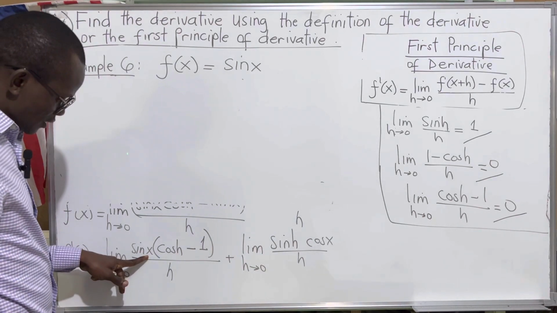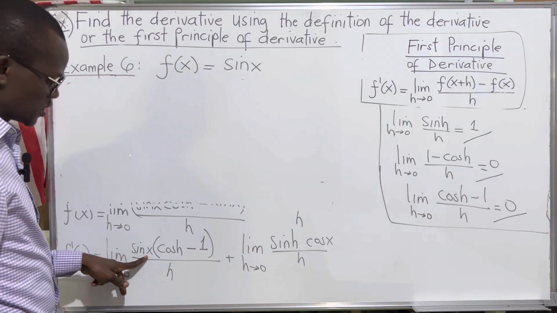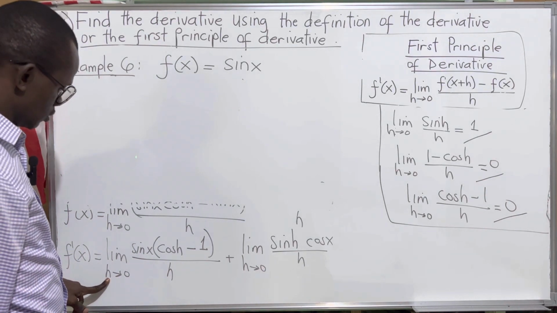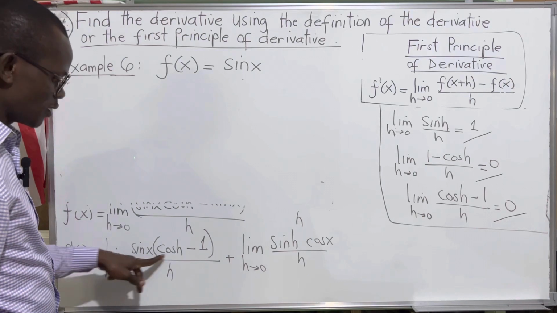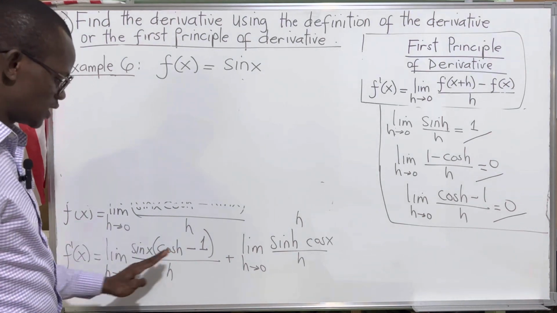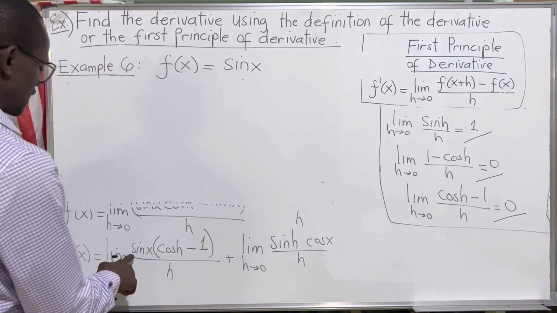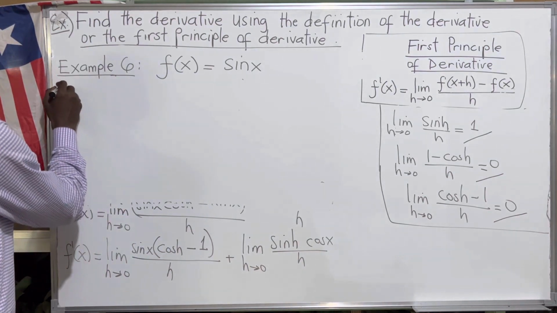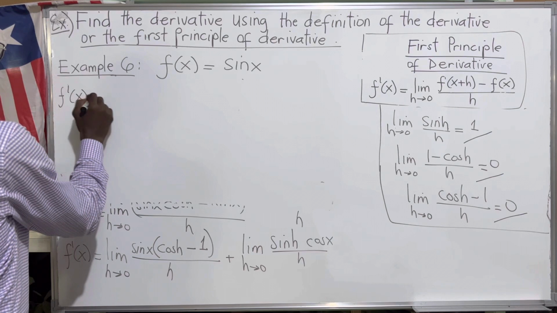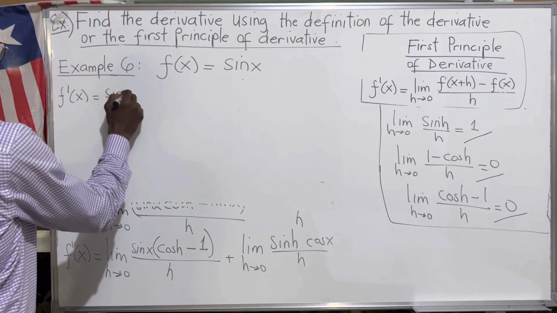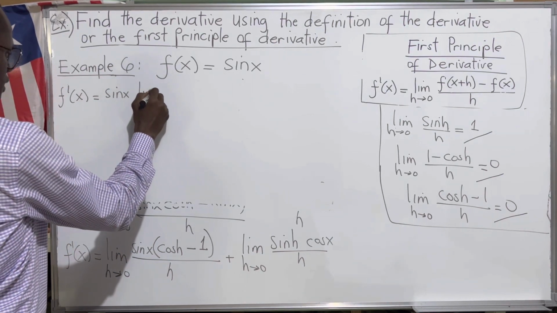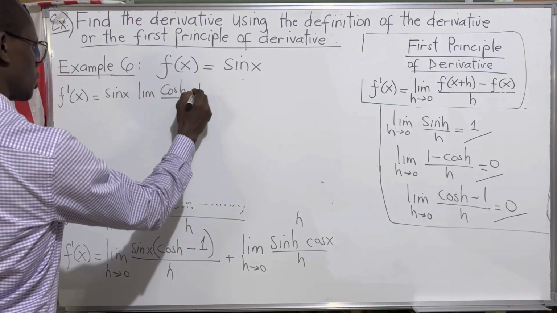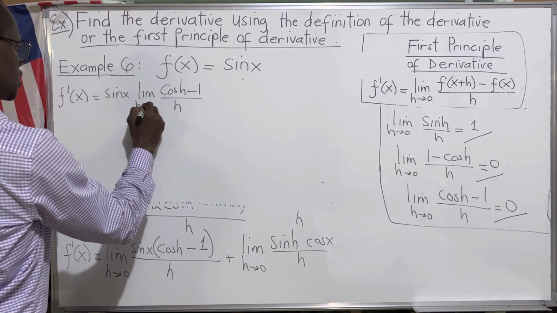Sine of x is a constant because the variable here is h. So any other variable within this function becomes a constant. So sine of x is a constant, so we can factor out sine of x. We'll be left with the limit of cos of h minus 1 all over h as h approaches 0.